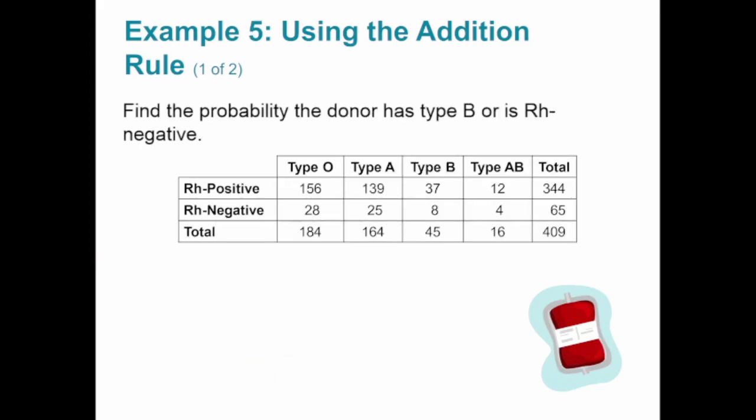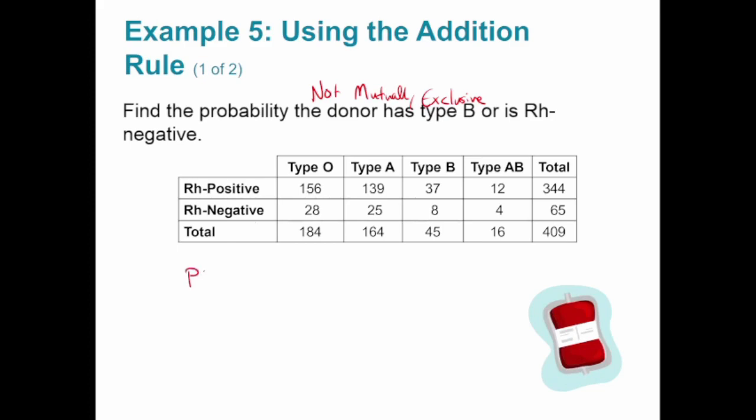Our next example is pretty similar. We want to find the probability that somebody has type B or type Rh negative blood. In this case, you can have overlap, so these events are not mutually exclusive. That just means we have to be worried about subtracting the overlap, subtracting off the area that we're counting twice.